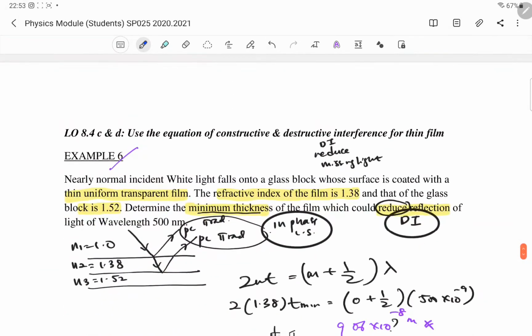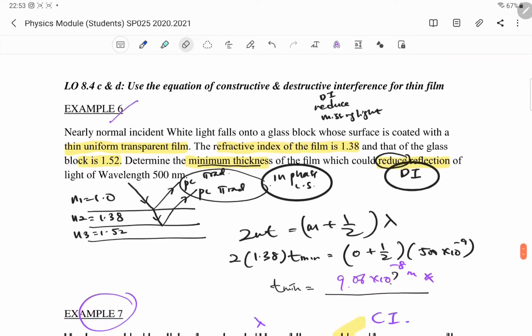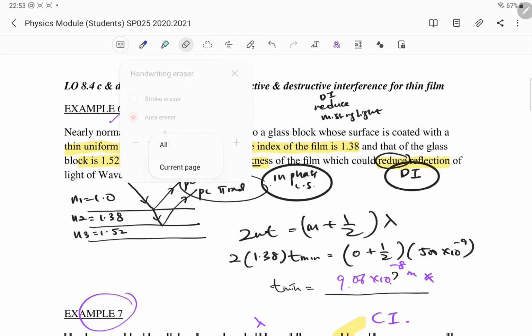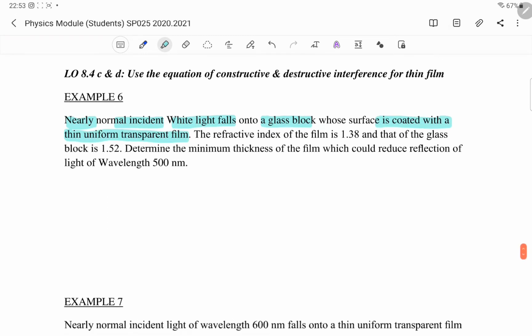Okay, kita try pula example number 6. Dia kata apa? Nearly normal incident white light falls onto a glass block whose surface is coated with a thin uniform transparent film. The refractive index of the film is 1.38 and that of the glass block is 1.52.